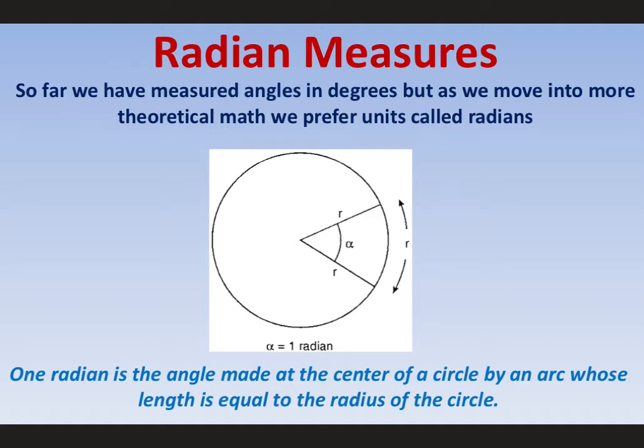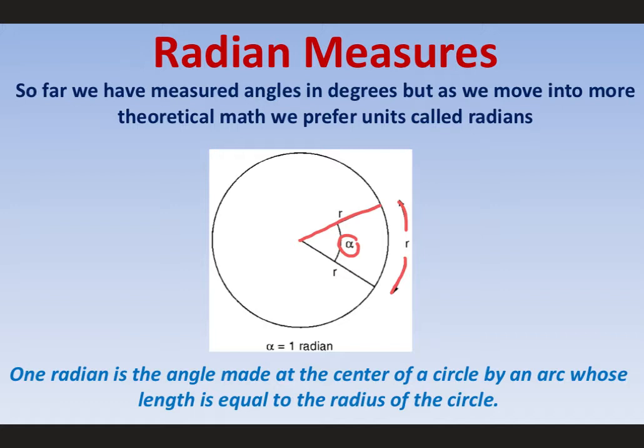So the way a radian works is you take the radius of a circle, and you take that length and you bend it and wrap it around the outside of the circle. Whatever arc is created is called a radian. That distance of the radius being wrapped around the outside is 1 radian worth of a circle.